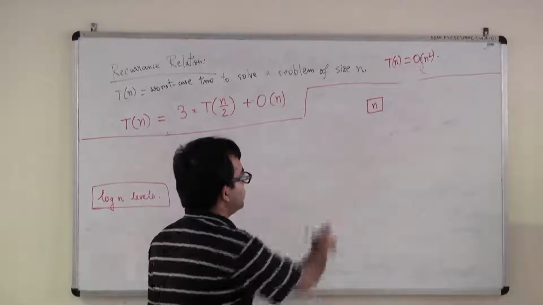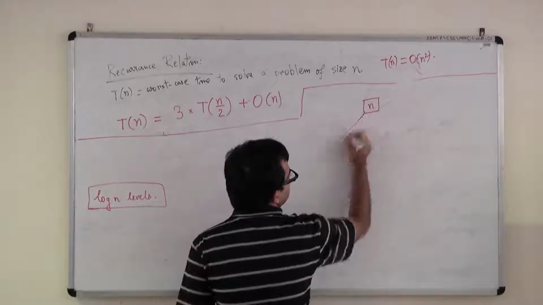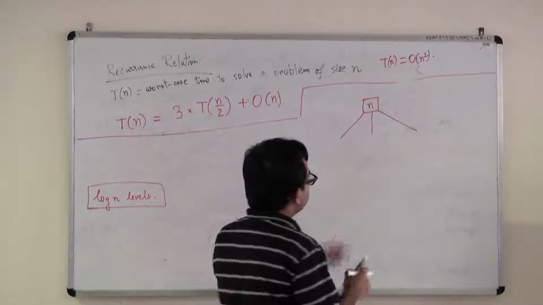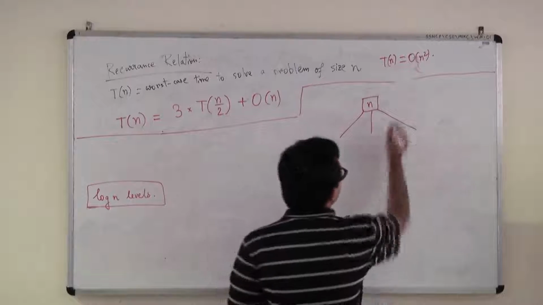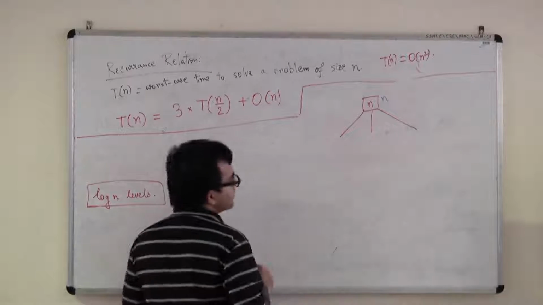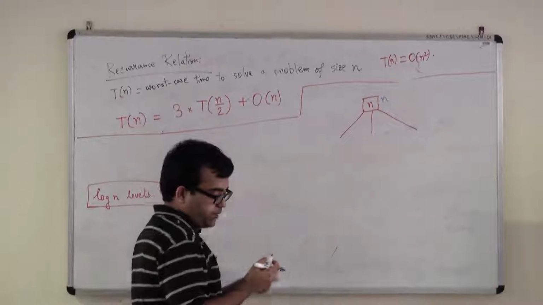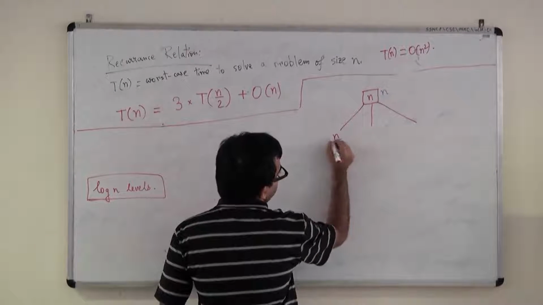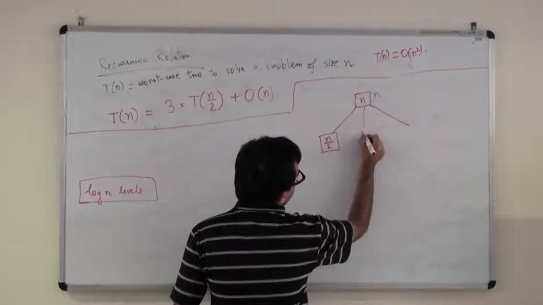In the root, you have this problem of size n, and to solve that problem, you are taking n time. So I'm just going to write this n in blue. How many children will this root have? 3, each of size n by 2.